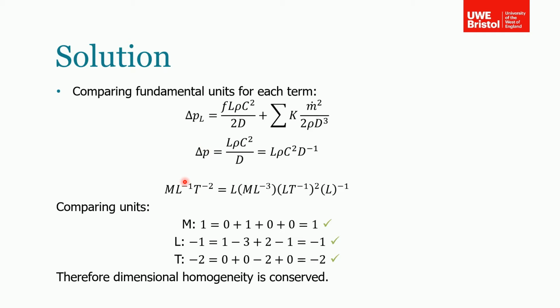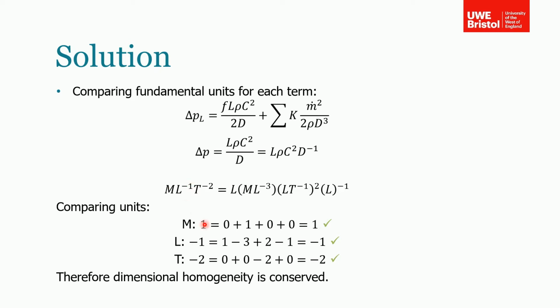I then substitute in the fundamental units for each term: change in pressure, length, density, velocity, and diameter. Then I just need to check the exponents of each fundamental unit, so for mass, length, and time, and check that those tie up.